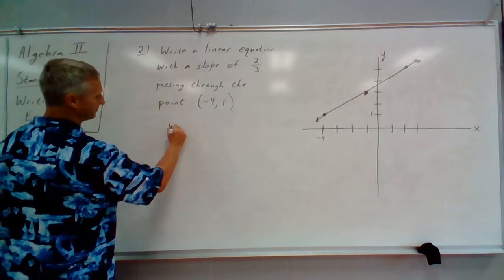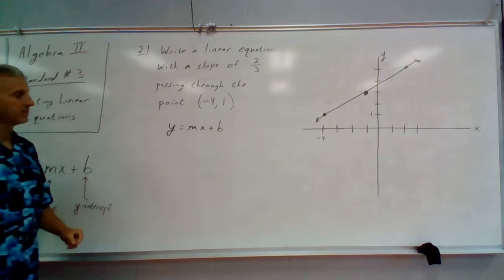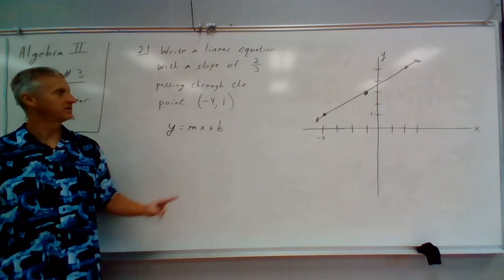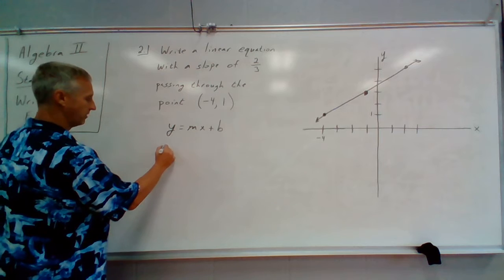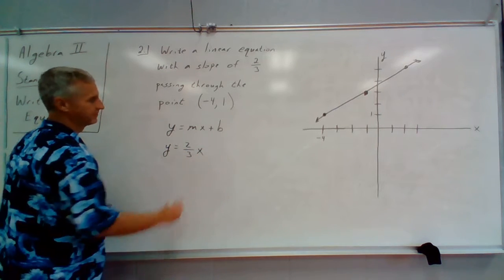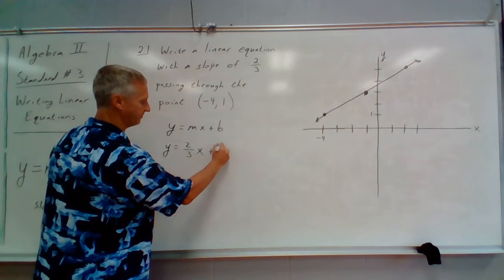So recall the equation of a line is y equals mx plus b. So our job is to figure out what the slope is and what the y-intercept is. I tell you the slope, y equals 2/3 x, but I don't tell you the y-intercept this time. So let's just put b.